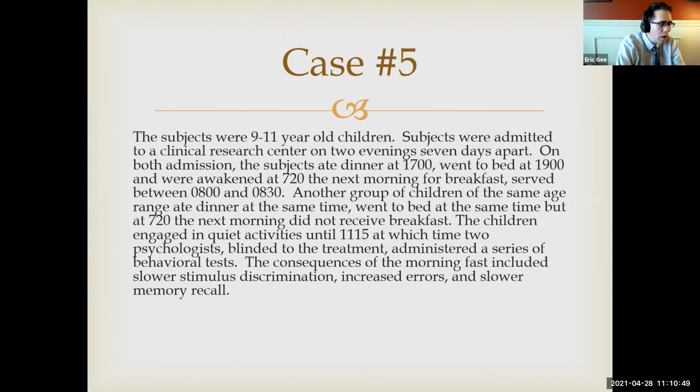Another group of children of the same age range ate dinner at the same time, went to bed at the same time, but at 7:20 the next morning did not receive breakfast. The children engaged in quiet activities until about 11:15, at which time 2 psychologists, blinded to the treatment, administered a series of behavioral tests. The consequences of the morning fast included slower stimulus discrimination, increased errors, and slower memory recall.